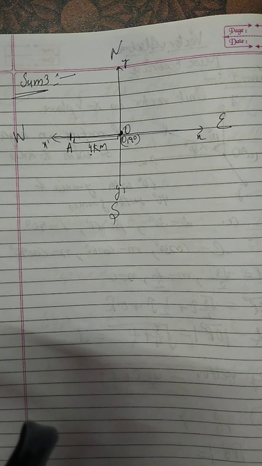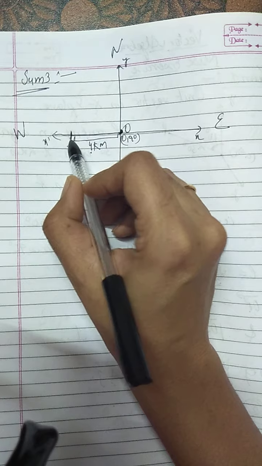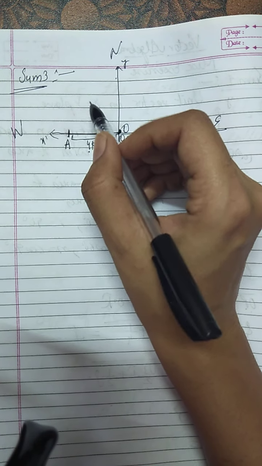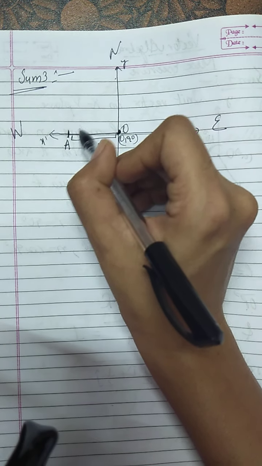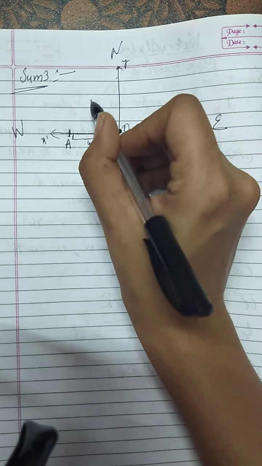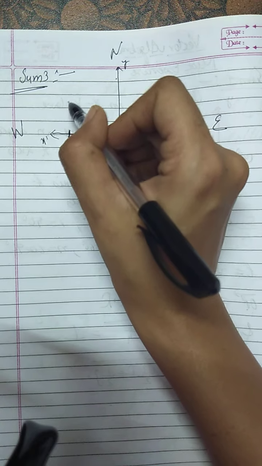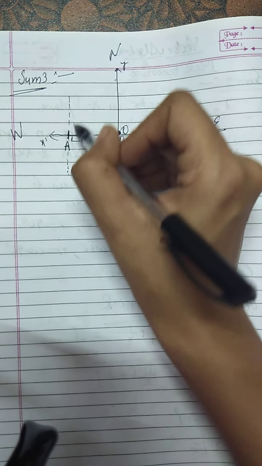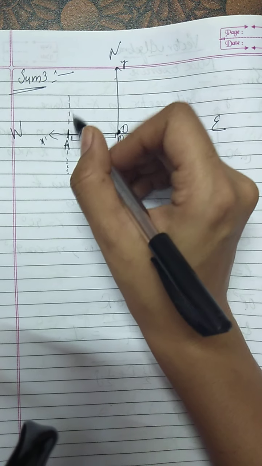Second thing, after this, she walks 3 km in the direction 30° east of north. So this is the north direction, and from here she is going toward this side and making an angle of 30°. Let me draw a rough line here so that we can get the exact picture.